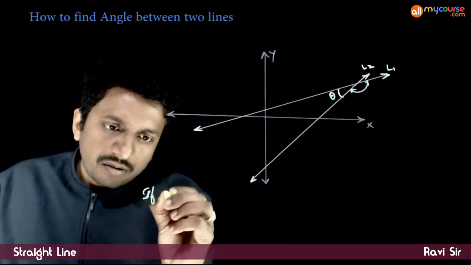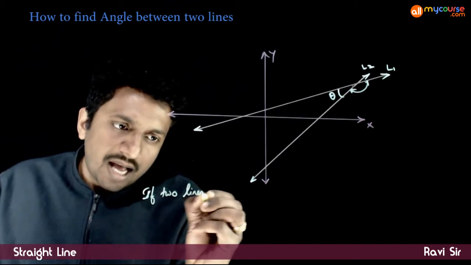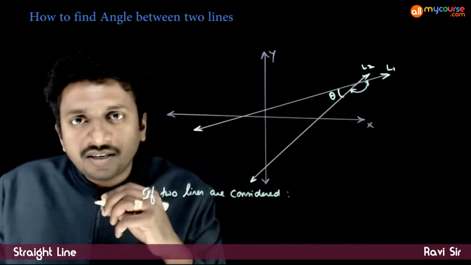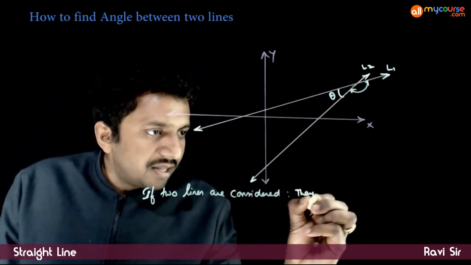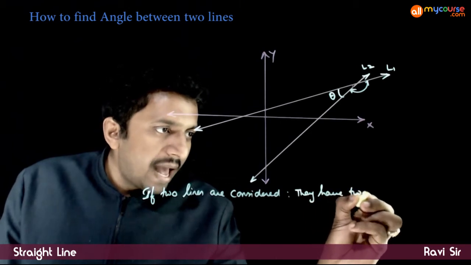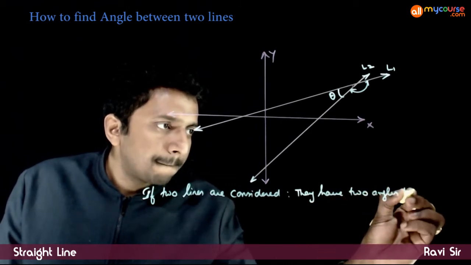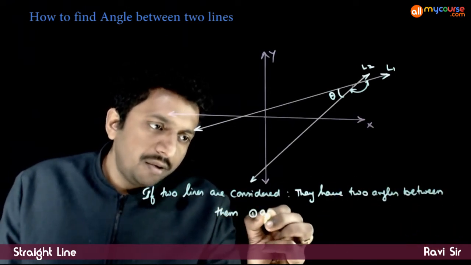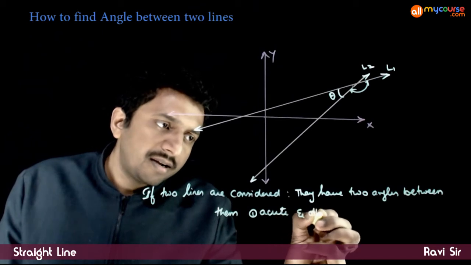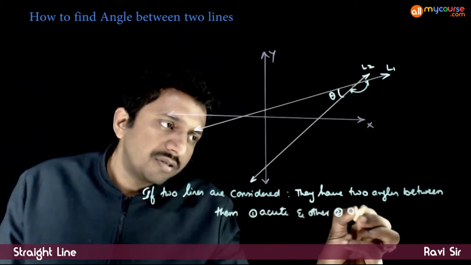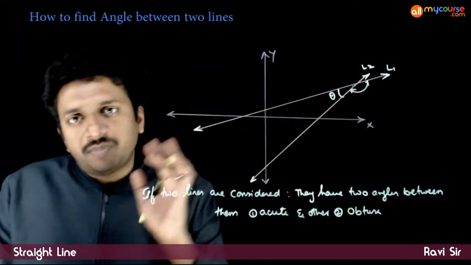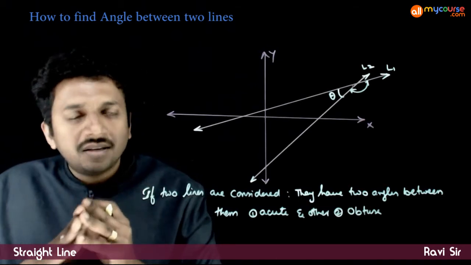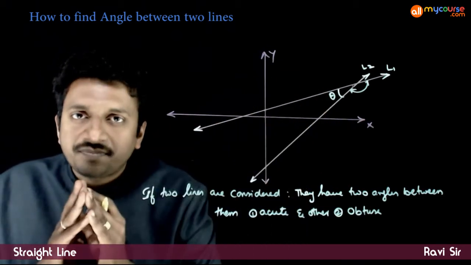So if two lines are considered, they have two angles between them, one acute and the other obtuse, but these two angles will be supplementary angles. So when I talk about the angle between two straight lines, I'll try to find one of these angles, right?